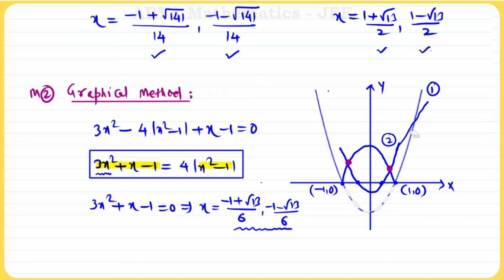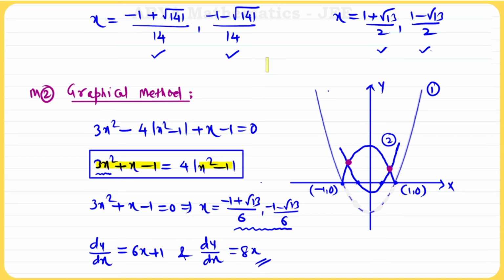For that we have to see the slope of these curves. If you differentiate the function on the left hand side, the derivative will be 6x + 1. And for the expression on the right hand side, when x is more than 1, we have 4(x² − 1), so the derivative will be 8x.